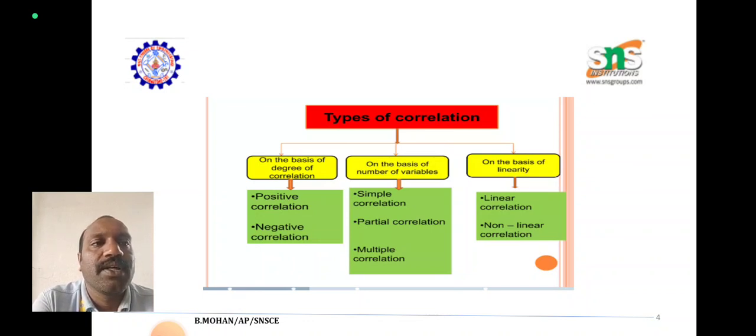Third, the linearity, there are two types: linear correlation and non-linear correlation. So these are all the types of correlation.